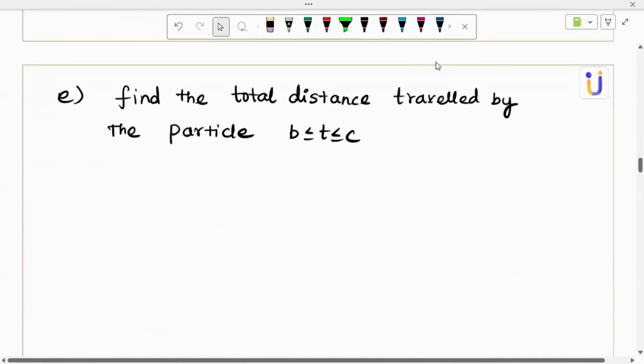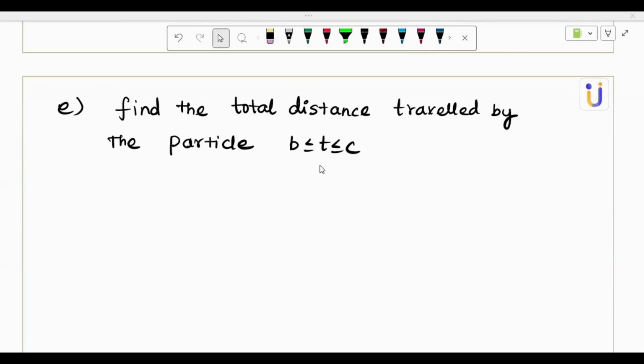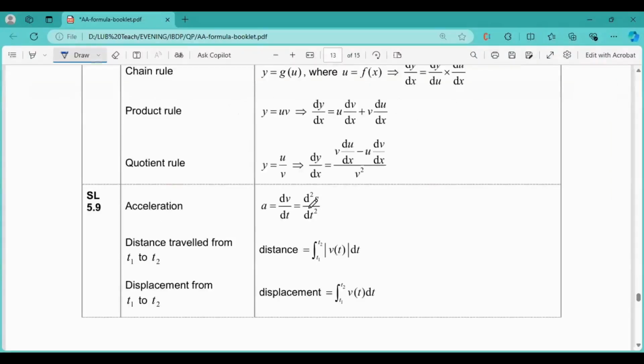Find the total distance traveled by the particle for B less than or equal to T less than or equal to C. We have a formula in our formula booklet for distance traveled and displacement. Let me show you the formula booklet. Here is acceleration, which you can also use.